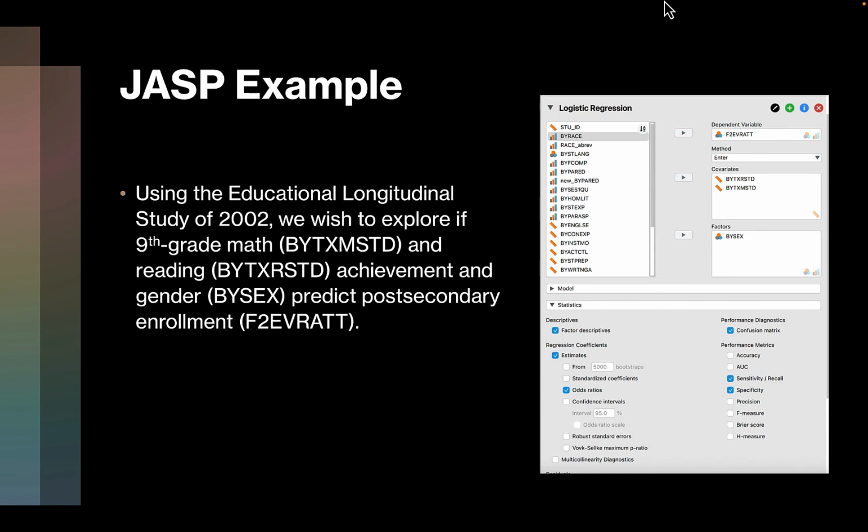All right, so let's do a JASP example. Using the Educational Longitudinal Study of 2002, we wish to explore if 9th grade math and reading achievement and gender predict post-secondary enrollment. And so the math and reading achievement and gender were all measured in the base year, which was 2002.